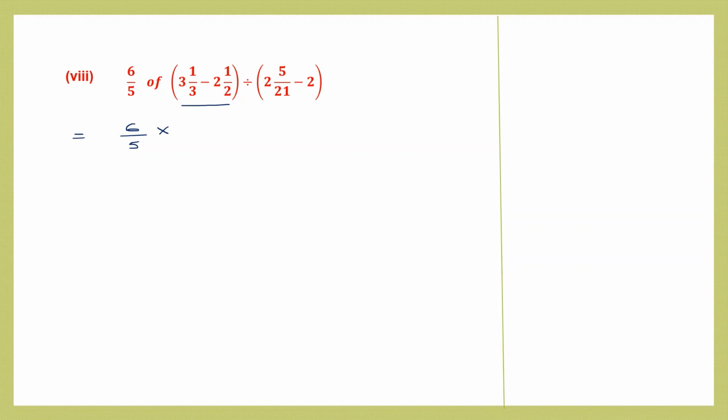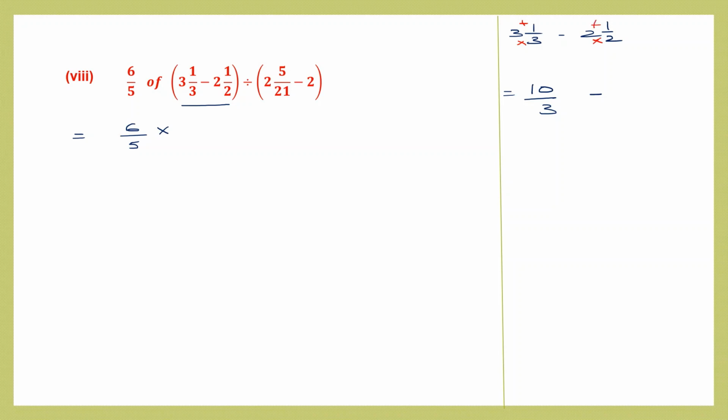Now let's work out 3 1 by 3 minus 2 1 by 2. Let's convert this. 3 3s are 9 plus 1 is 10. So this is 10 by 3 minus, here let's convert, 2 2s are 4 plus 1 is 5.